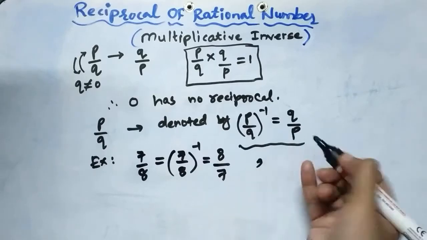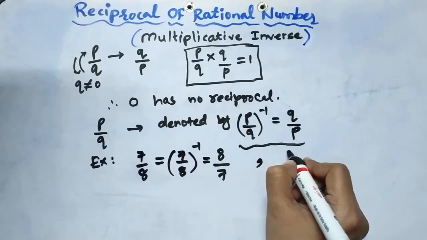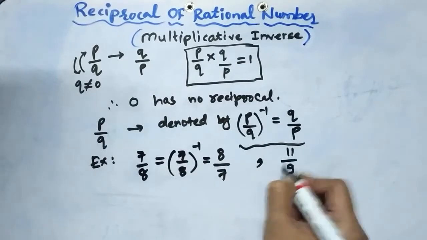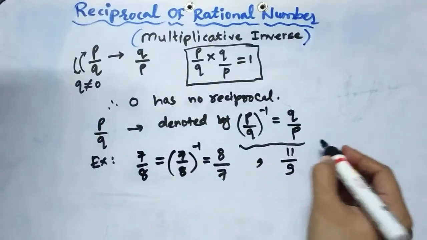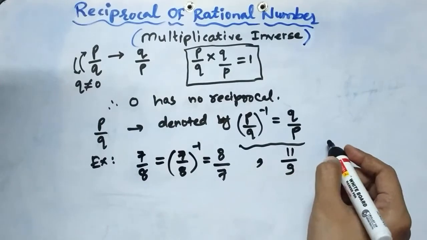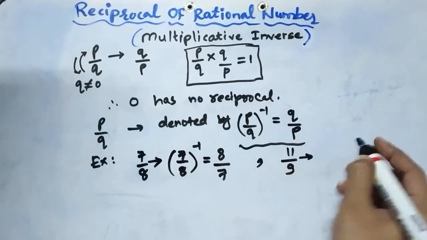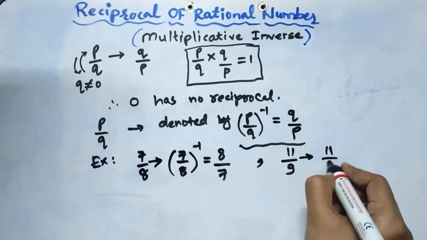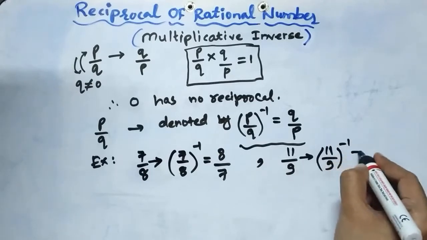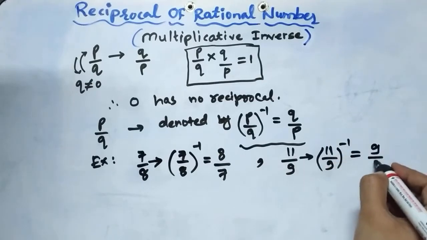Or another example, you can take the reciprocal of 11 by 9. Here you cannot write equal, you can give an arrow. Its reciprocal you can write as 11 by 9 to the power of minus 1, which is nothing but 9 by 11.